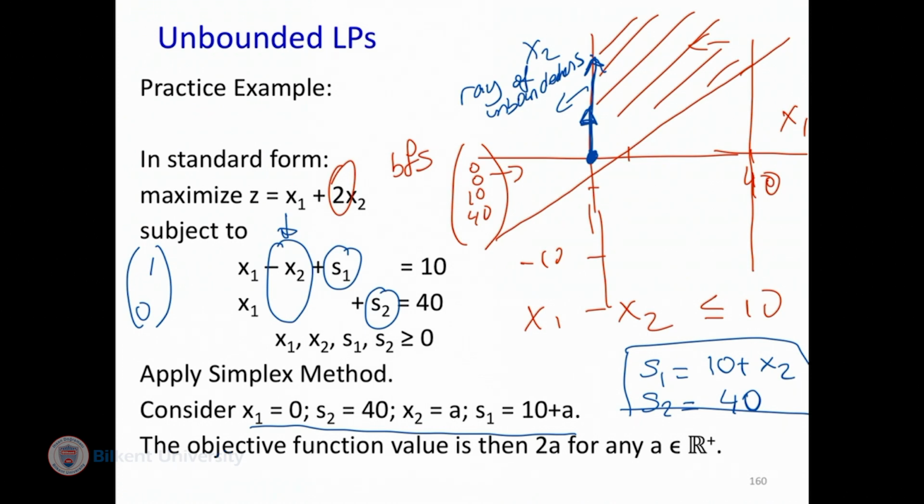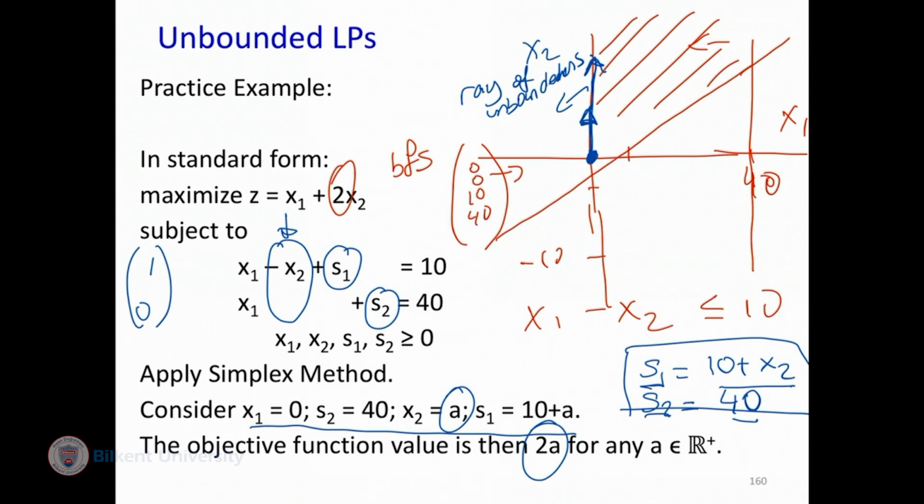So if you give me any value, a could be 1,000,000 for x2, my S1 will be 10 plus x2, my S2 will still be 40. This is going to be a feasible solution, and my objective function value is going to be twice that 1,000,000.